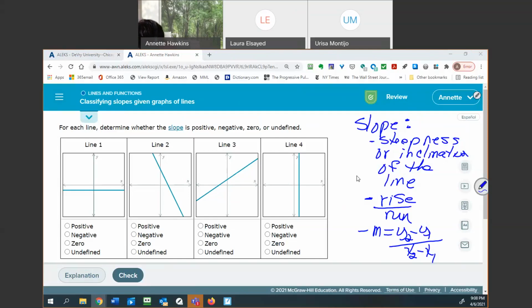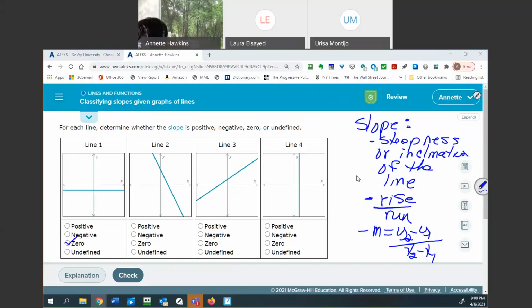Y1 is the y coordinate of point 1. And so what it wants us to do is to tell whether the slope is positive, negative, 0, undefined. Well, now this is a horizontal line, and the slope of a horizontal line is 0.